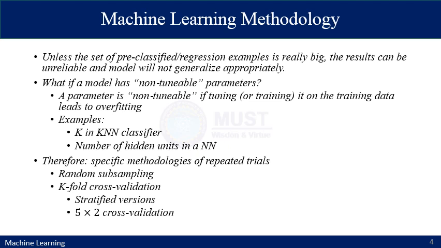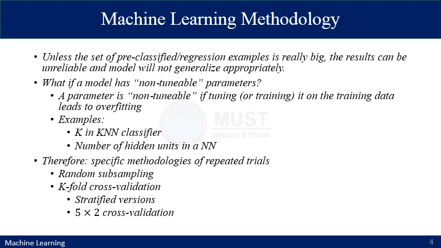You can employ a random subsampling technique in which you randomly pick data and train your algorithm on it. Or alternatively, you can use a KFold cross-validation technique in which you divide the training examples into a number of sets and use the sets for training and testing respectively.